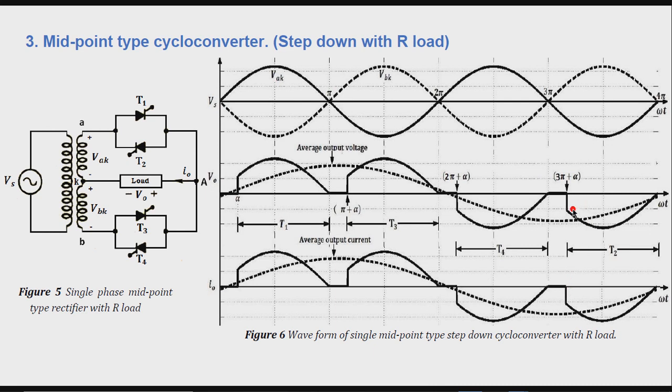So both load voltage and load current are negative. In this manner, two negative half cycles of load voltage and load current follow the two positive half cycles. So it is seen from this waveform that the frequency of the output voltage is half of the supply frequency, that is, output frequency is 1/2 of Fs.